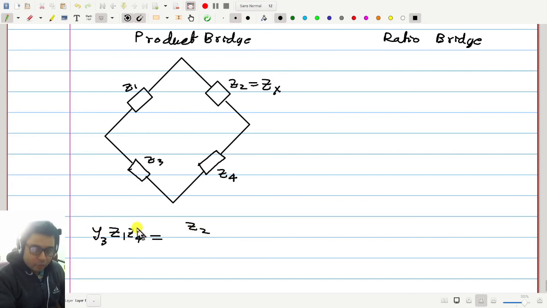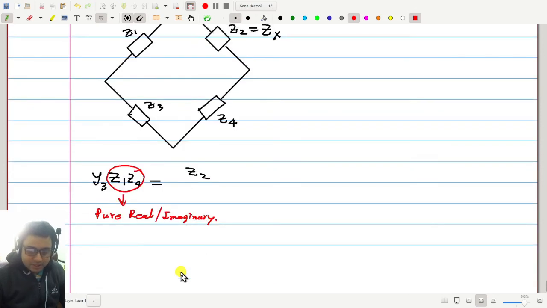Now in a product bridge, if we design a bridge with the ideology of a product bridge, we will choose this factor Z1 Z4 to be a pure real or pure imaginary number. If that is what we do, then the balance equation will be very simple. Let me tell this with an example.